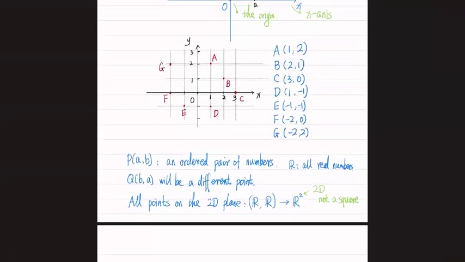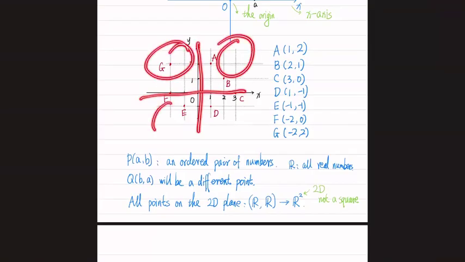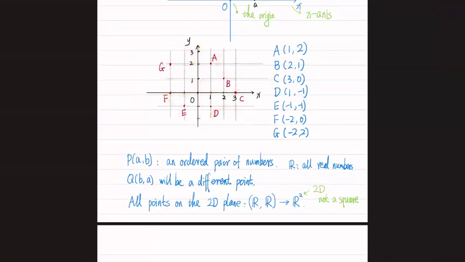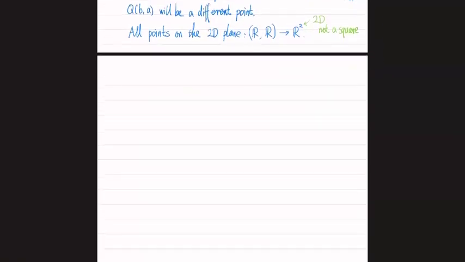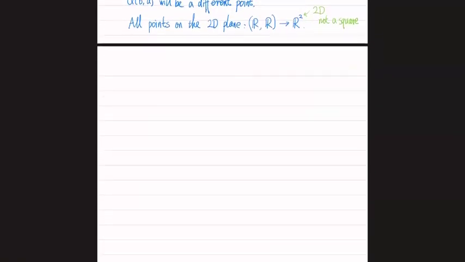Then the two axes, x-axis and y-axis, divide the plane into 4 parts. Each part we call a quadrant.